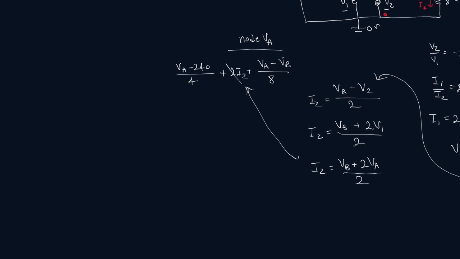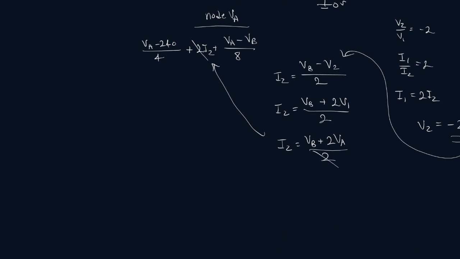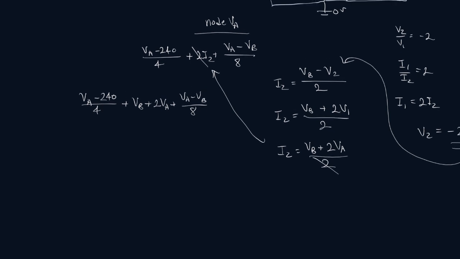So we see the 2's will cancel each other out. So we will write this as VA minus 240 all over 4 plus VB plus 2VA plus VA minus VB all over 8. So that's our first one done.